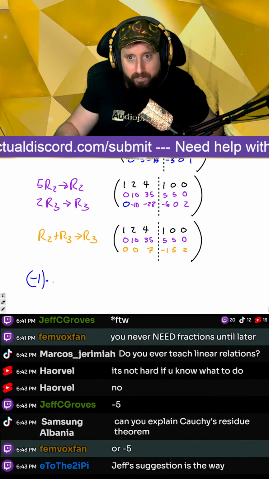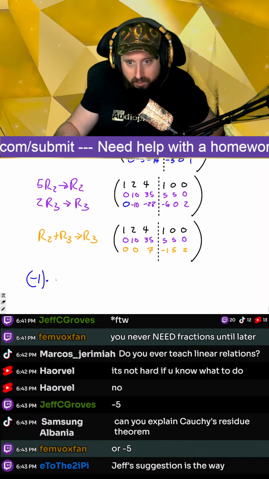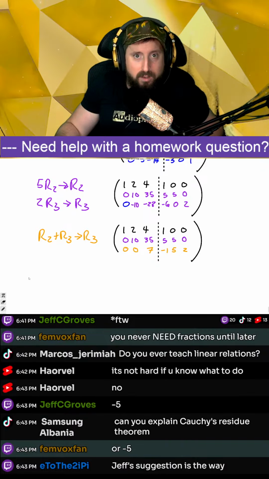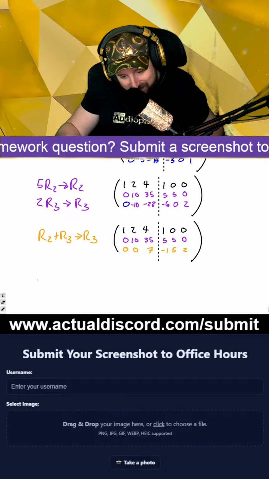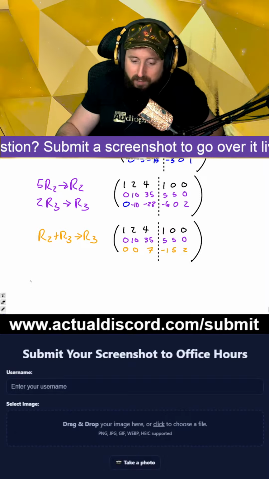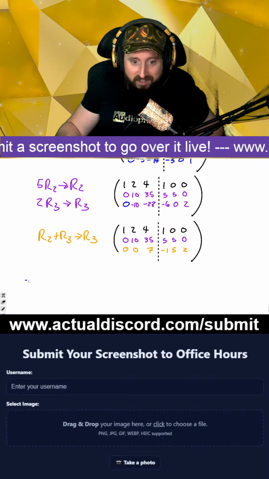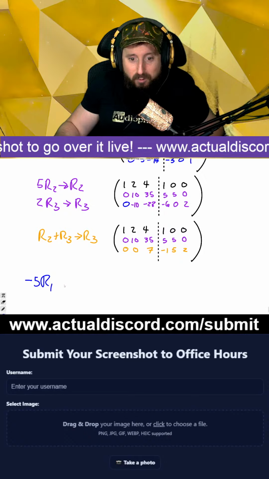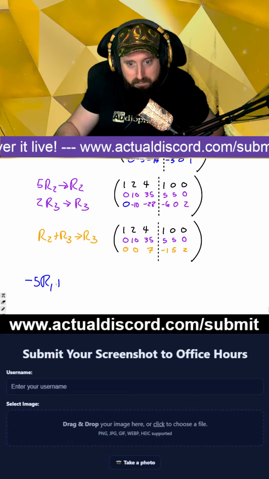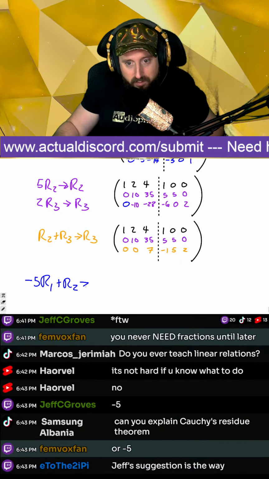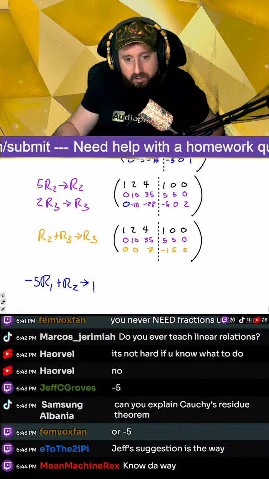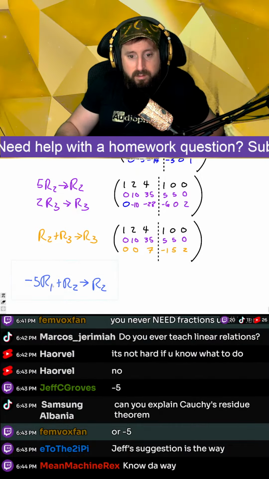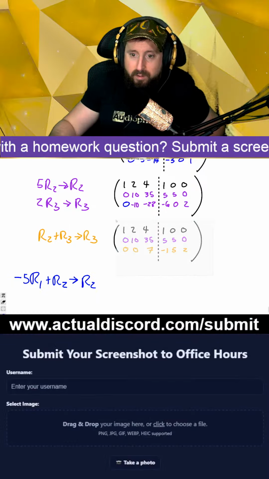Okay, let's do it. And then we're just going to divide by -1 at the end of the day. Okay. -5 times R1 plus R2 gets me R2. This is the way.